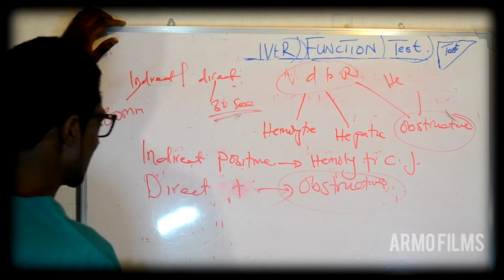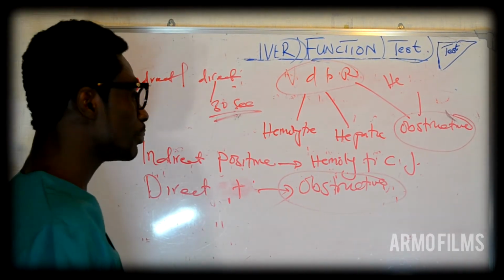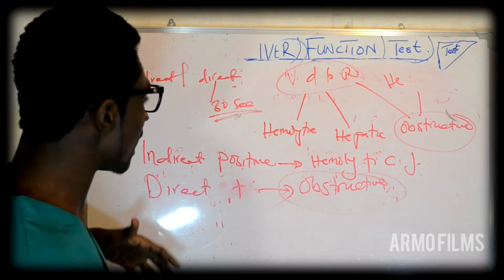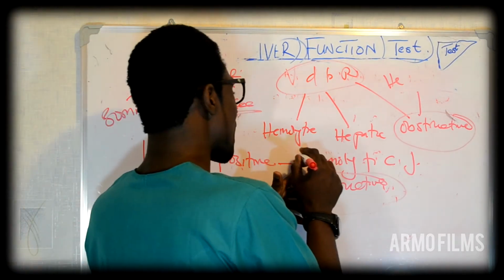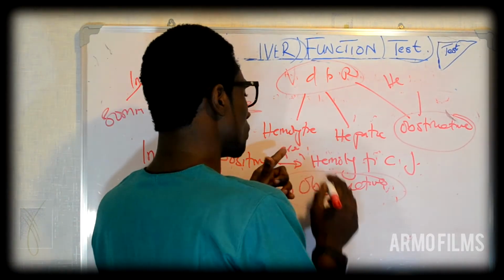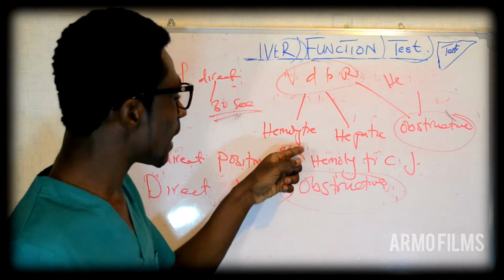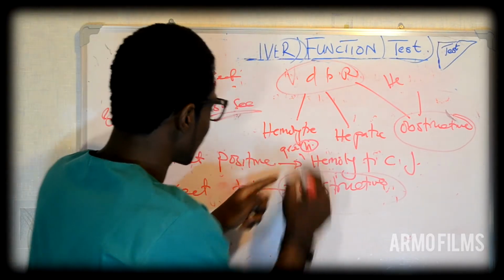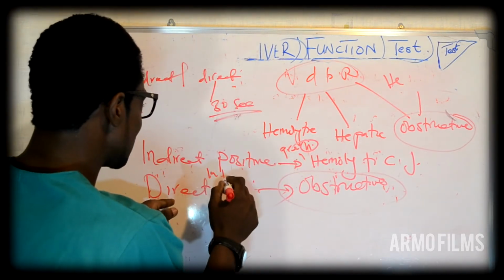It means it's an intrahepatic blockage. The blockage takes place in the hepatic. You can call this one prehepatic jaundice. Basically, understand? You can call it prehepatic impairment, and then this one is intrahepatic.